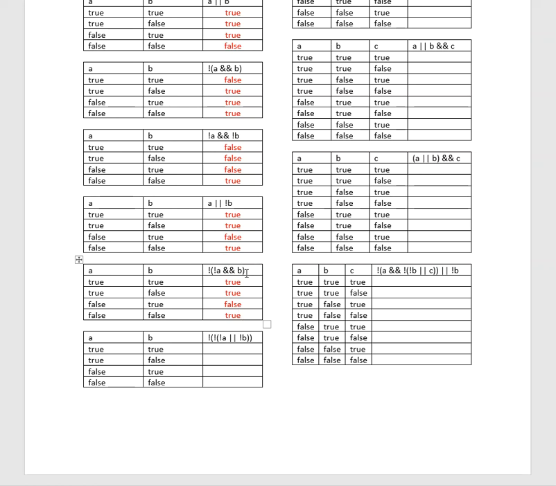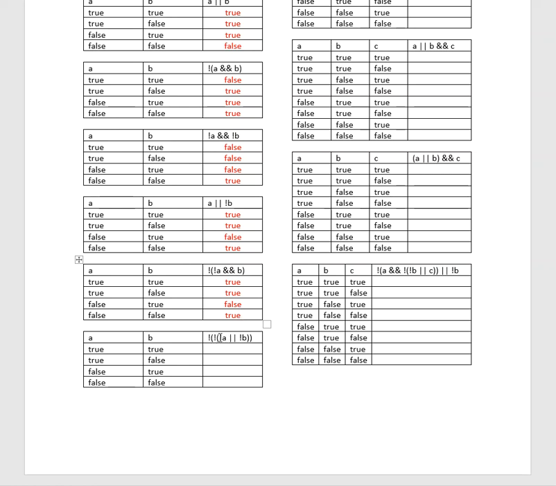That was a little more difficult, but just know you have to apply those not signs first, do what's in the parentheses, and then apply the outside not sign. All right, and the last one, we have a not. You probably know from your basic logic and algebra that if you have a double negative, the two cancel each other out.